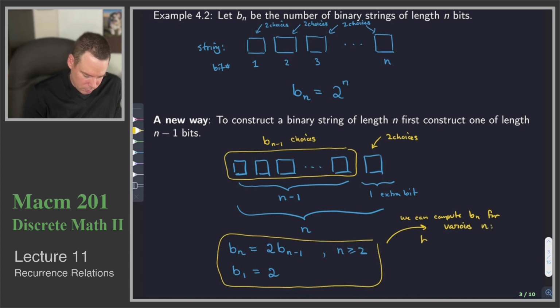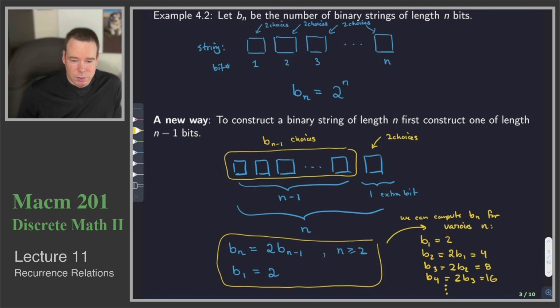So in particular, b sub 1 is 2. What is b sub 2? b sub 2 is twice b sub 1, so that would be 4. b sub 3 is twice b sub 2, so that would be 8. And b sub 4 is twice b sub 3, which is 16, and so on.